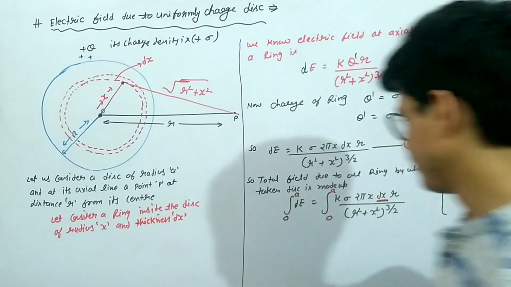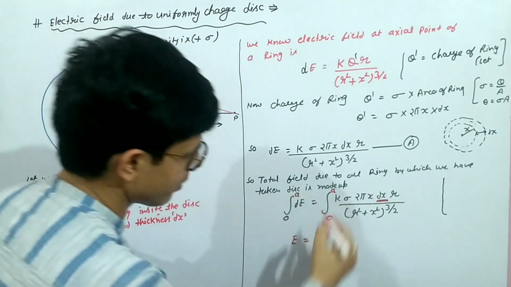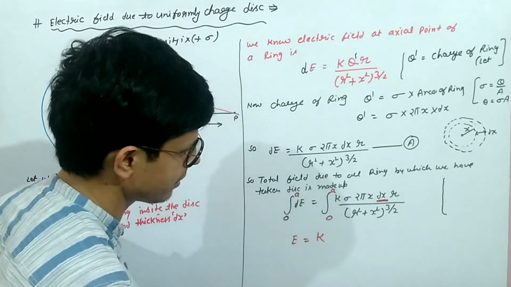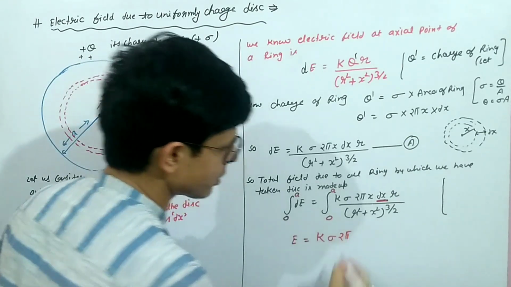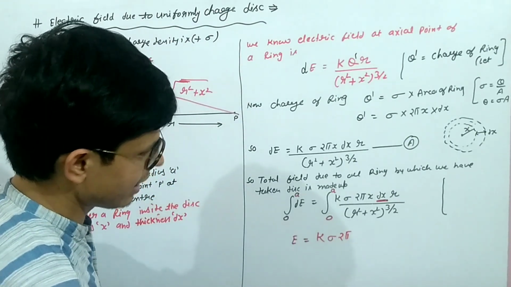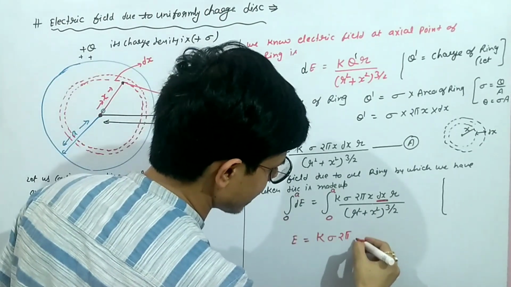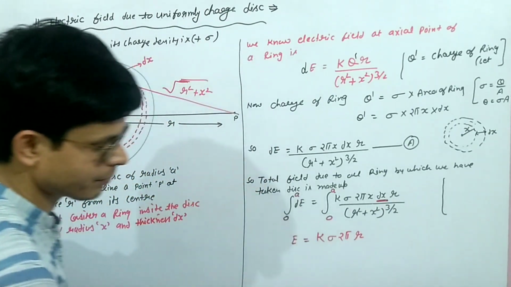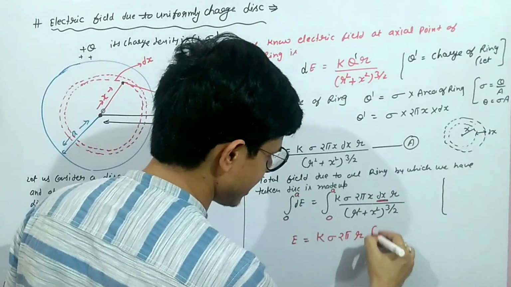Now this is total electric field E equal to, now from here what are the constants? K is constant, sigma is constant, 2 pi is constant, then r is the fixed distance, so we can take it out. Yes, r is constant. So what remains inside it?